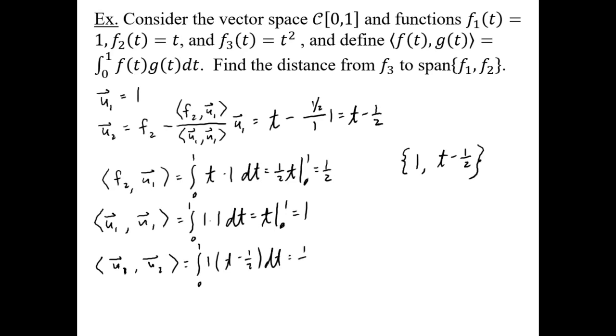So I'm getting 1 half t squared minus 1 half t, and if I plug in 0 and 1, I'm going to get 0 minus 0. Perfect. So what we've shown is that these two vectors definitely form an orthogonal basis based on this inner product that we've defined.